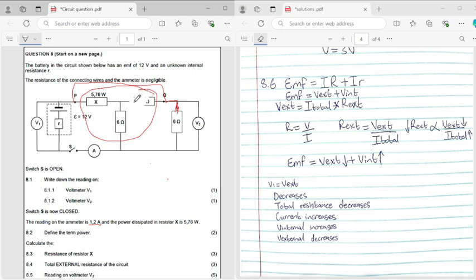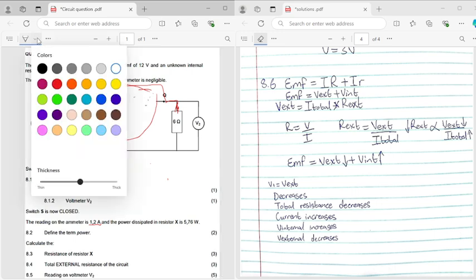Yeah, so it's like this. The resistors are not there. For this case, I'm going to take it as if they don't exist, since no current is going to flow through them. Right, so let me take it back.